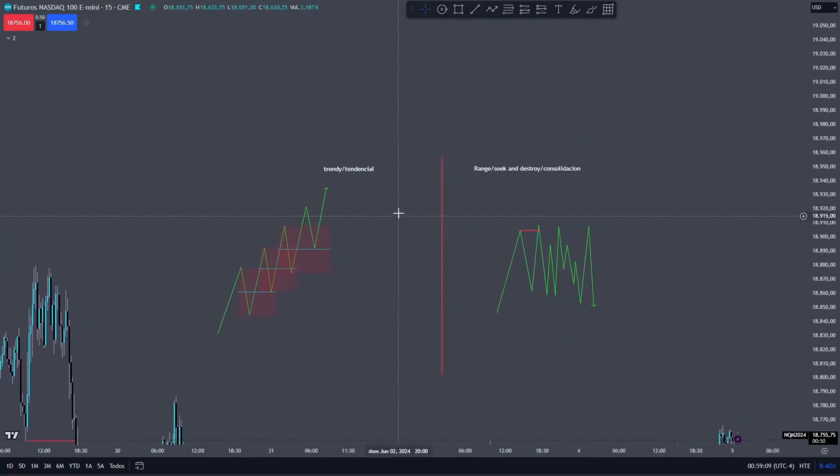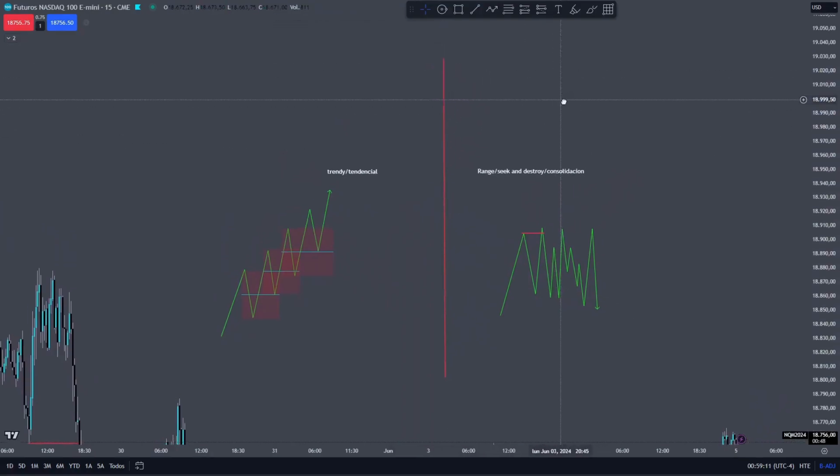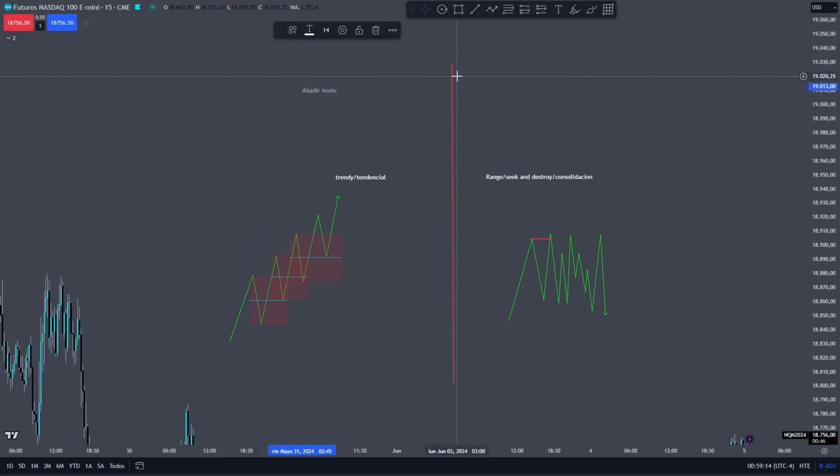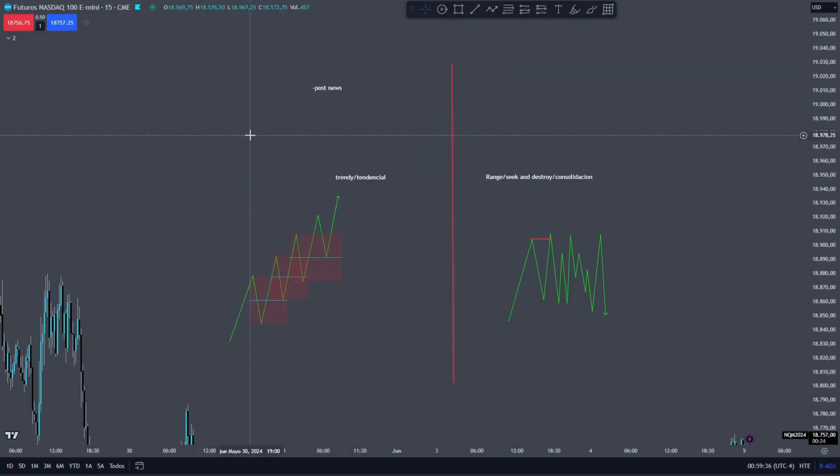or a trending profile. I can find it after news, post news, after important news, because the market makes a decision. And the big players within the market operate quite a bit based on fundamentals, especially when we talk about Nasdaq, which is an index that gathers tech stocks.